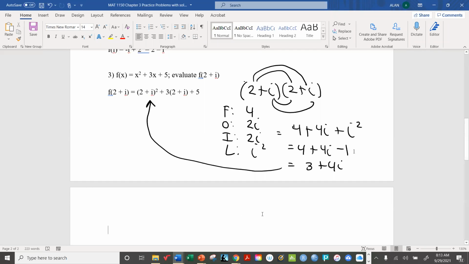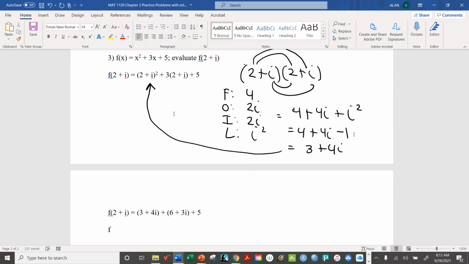Let's continue from there. So f(2 plus i) equals 3 plus 4i plus, in this second case, 3 times 2 plus i, that becomes 6 plus 3i. Then we have plus 5.